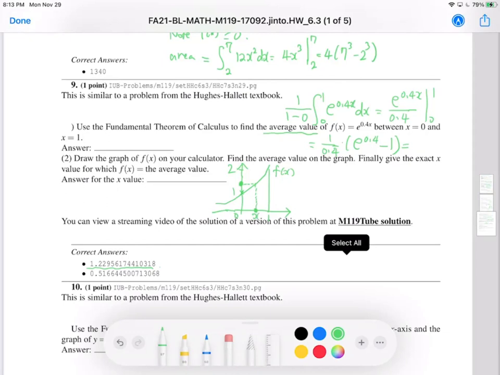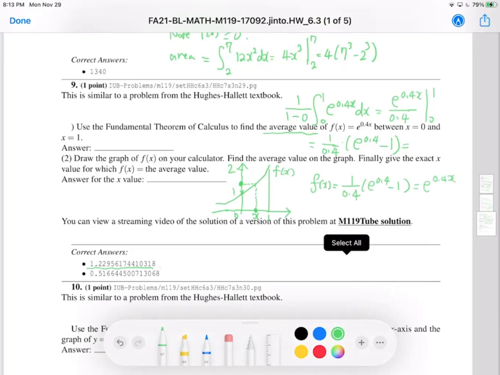So f(x) is equal to the average value computed. So this is f(x) equal to e to the 0.4x.